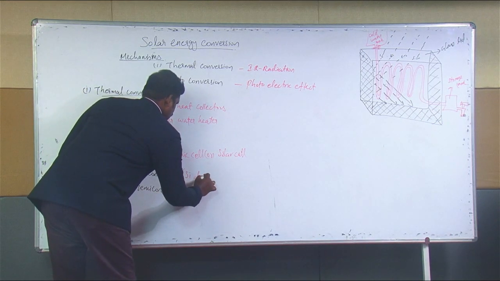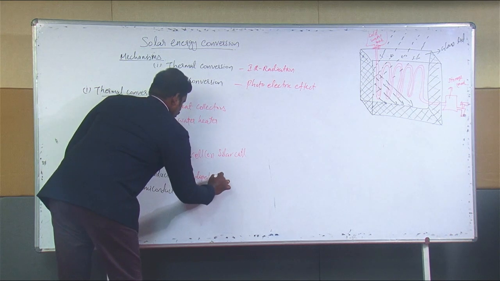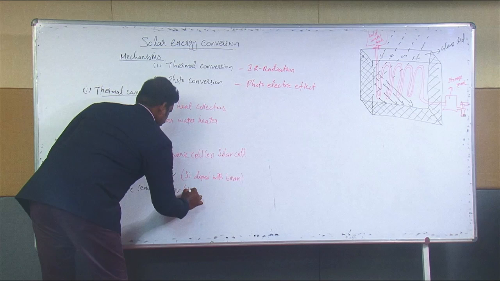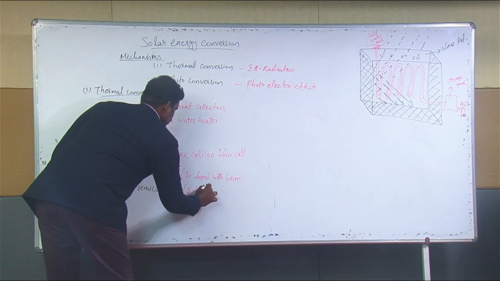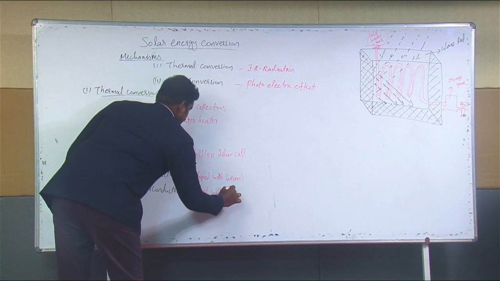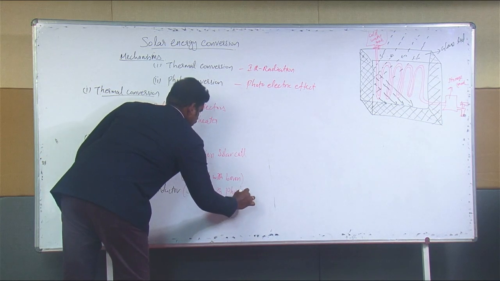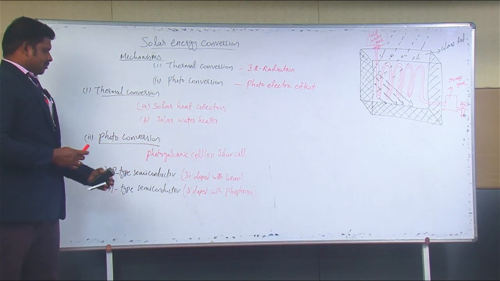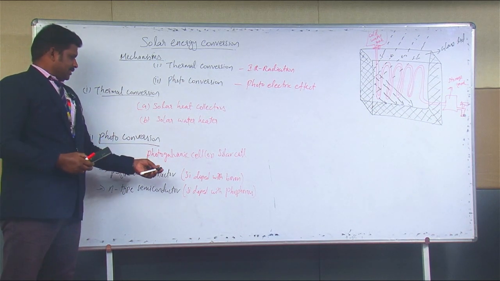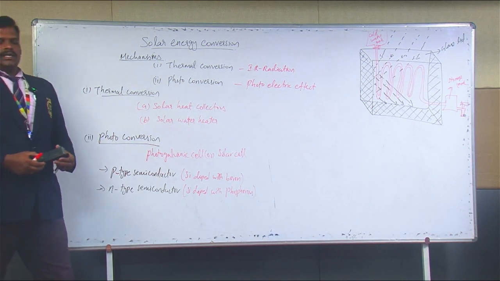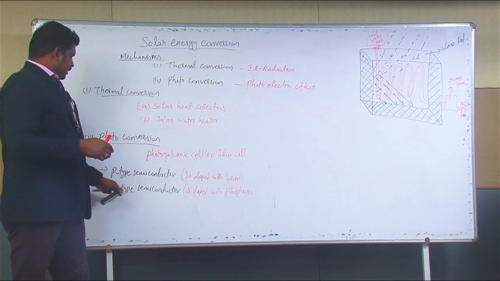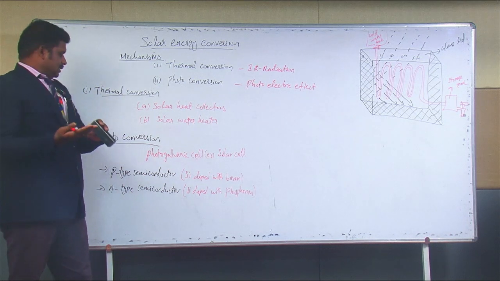Then the N-type semiconductor is nothing but silicon doped with phosphorus. So phosphorus enriched silicon is called N-type semiconductor. Boron enriched silicon is called P-type semiconductor. The P-type semiconductor is the top layer of the solar cell, and then the N-type semiconductor is placed as the second layer of the solar cell.